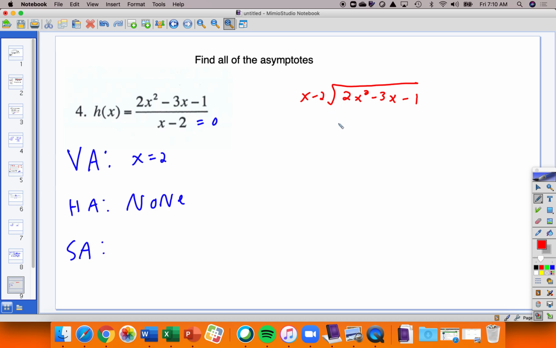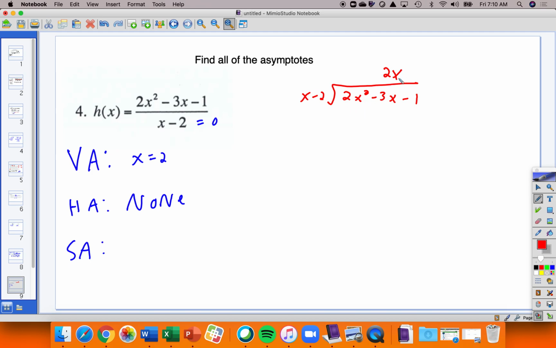When I'm doing polynomial long division, I look at this term and ask, what do I multiply this term by to get 2x squared? The answer is 2x. I'm going to put a 2x here because this is where all my degree 1 values are.